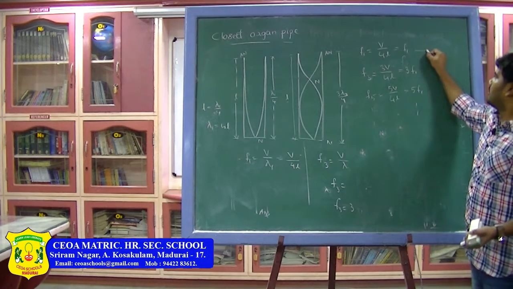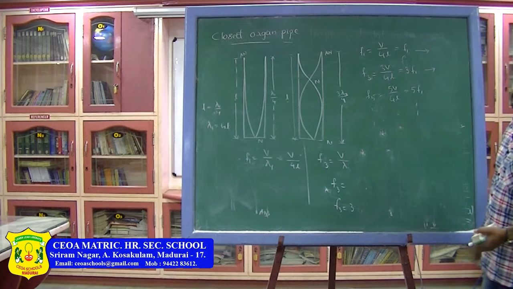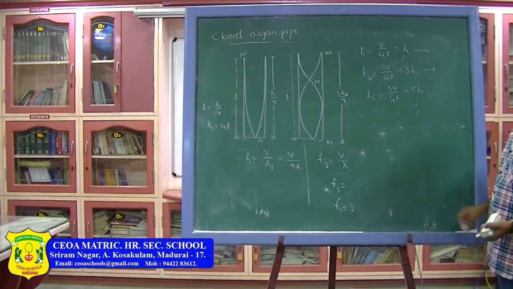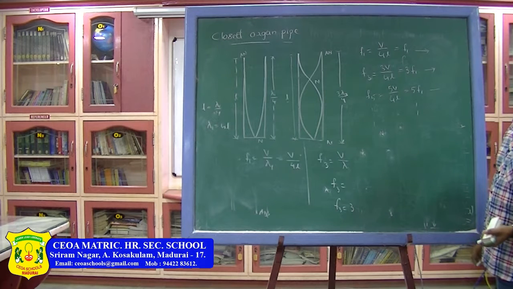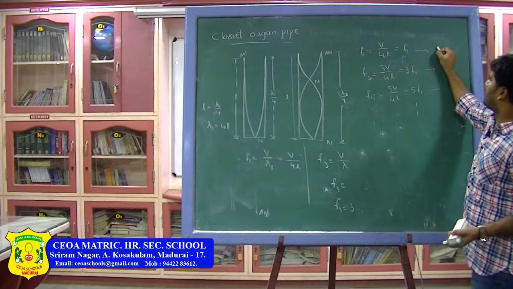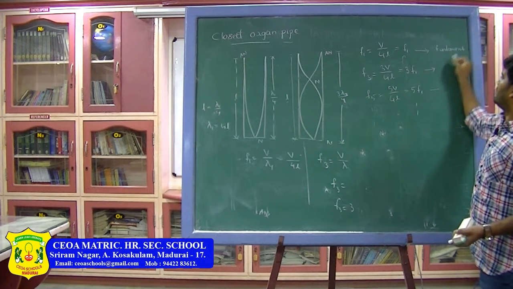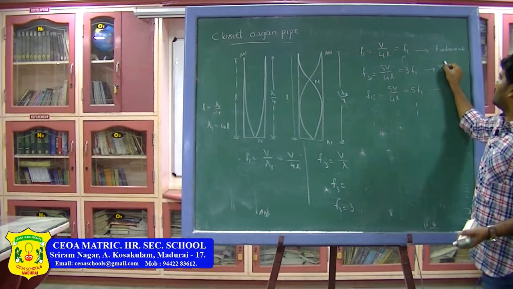Remember, this is called the first harmonic, and this is the third harmonic and fifth harmonic and so on. Here this is called the fundamental frequency, and this is the third harmonic.